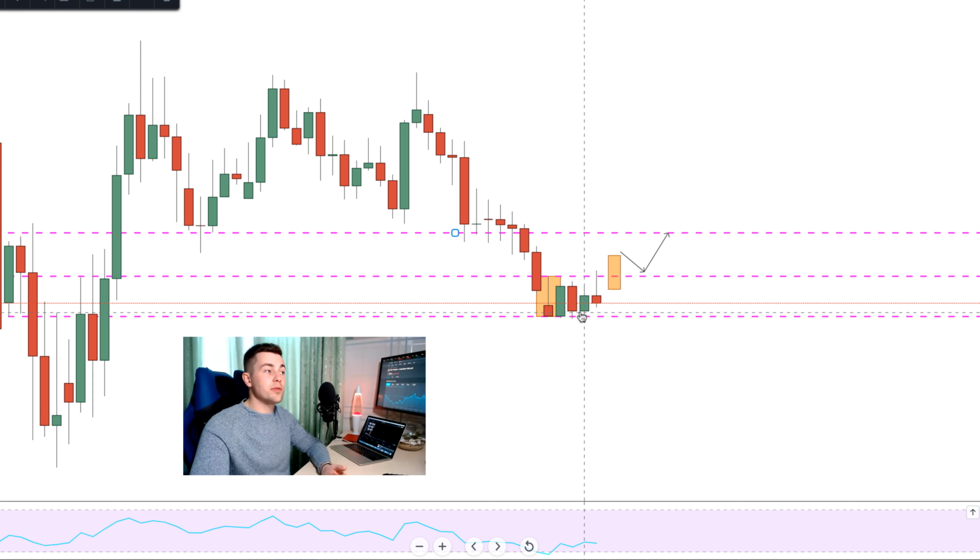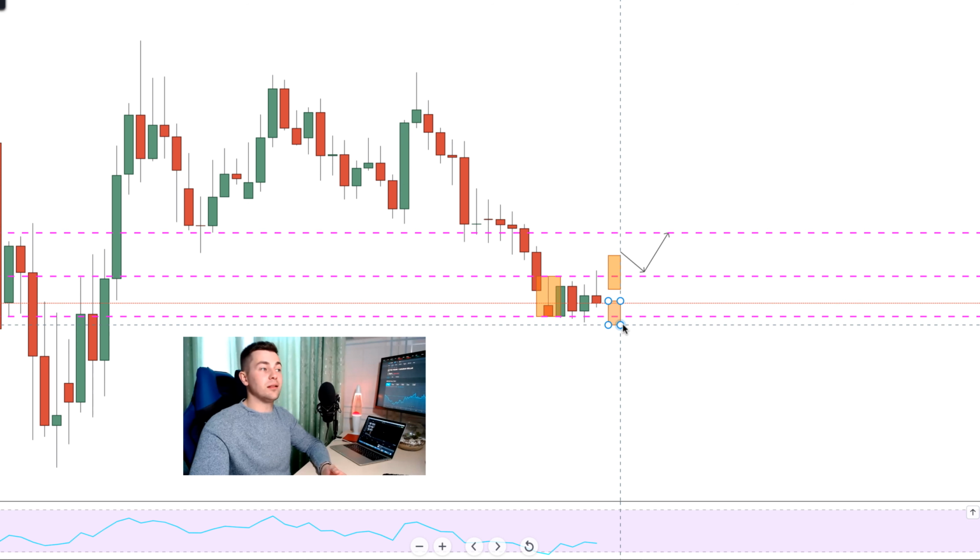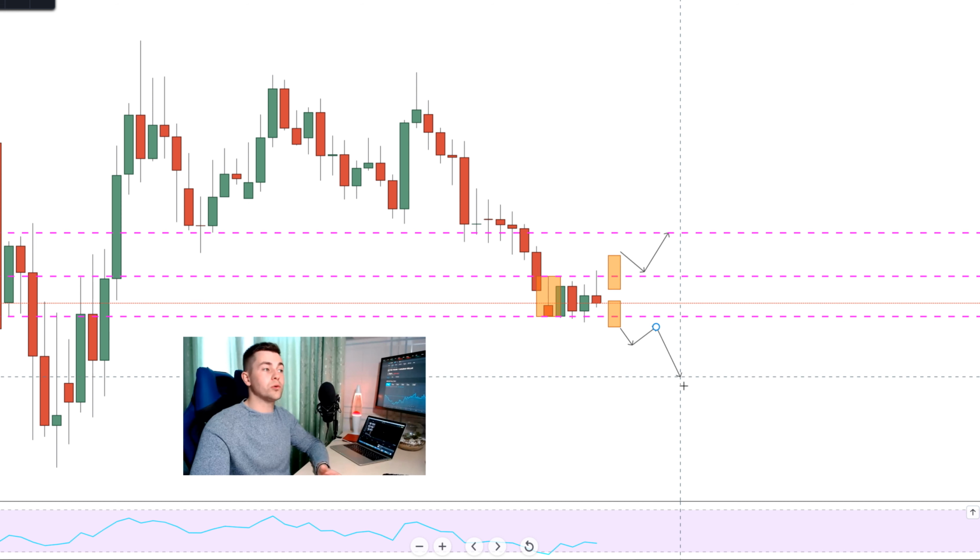And same thing with the bearish continuation. If we see the daily candle close below the range of the mother's bar, then for us it signifies that the pair will go lower, to the next structure support, right?